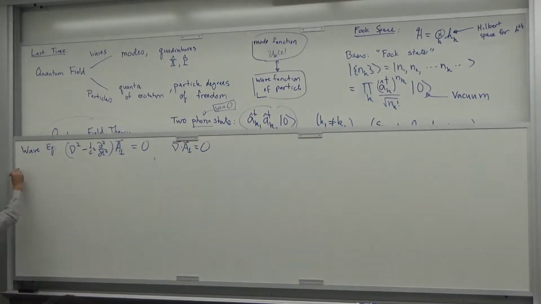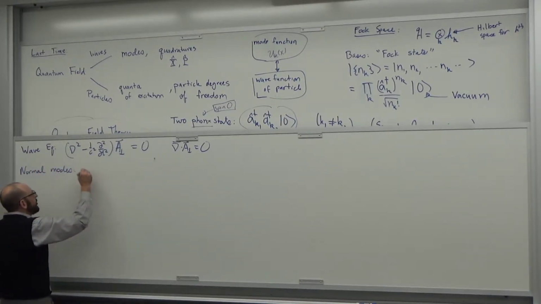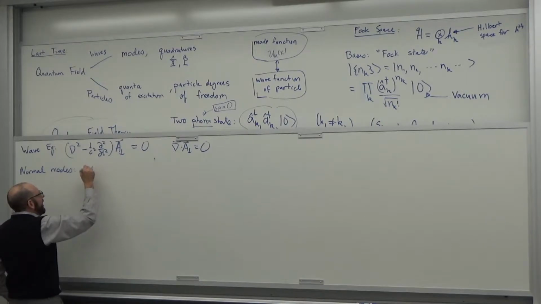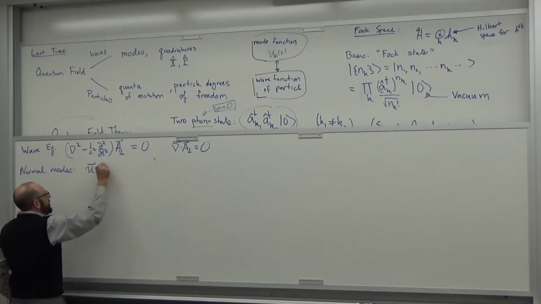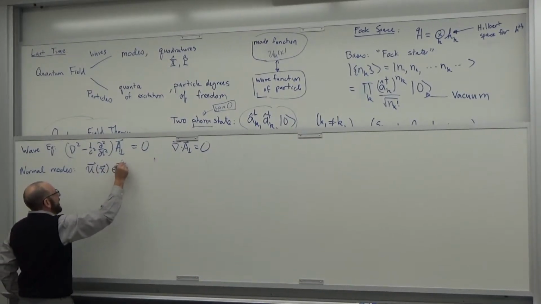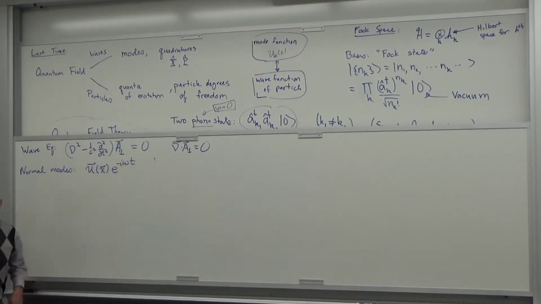So the normal modes are going to be some kind of vector that depends on position, and then they should oscillate with some frequency. Those are the normal modes, as we discussed using the separation of variables.